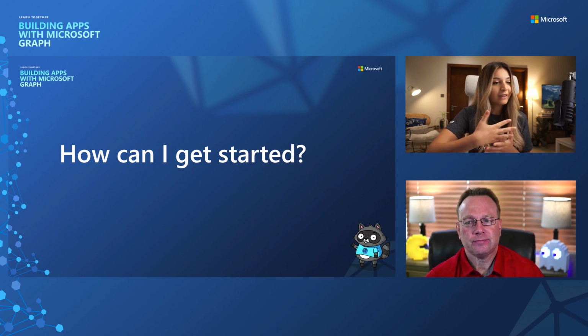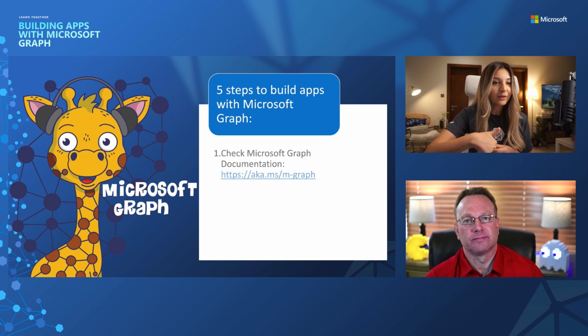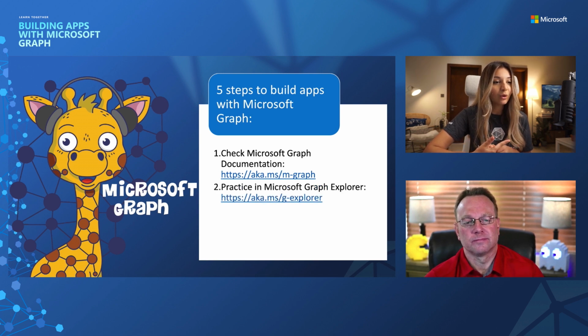Yeah, so 5 quick steps I can share with you. The first one, check out the official documentation of Microsoft Graph. You will find a lot of useful information there. Second of all, there's a great tool called Microsoft Graph Explorer. You can practice Microsoft Graph APIs there and learn more about how you can consume those APIs. The third step is just for you to choose the right tools and platforms.